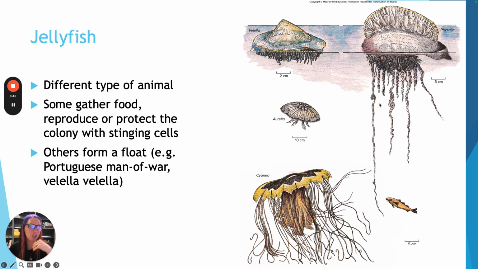Speaking of jellyfish, these are actually a completely different type of animal according to your textbook. These are not necessarily a type of zooplankton, but they are colonial creatures. Some can gather food and reproduce or protect a colony with stinging cells. Others can form a float, like the Portuguese man-o'-war or a velella.